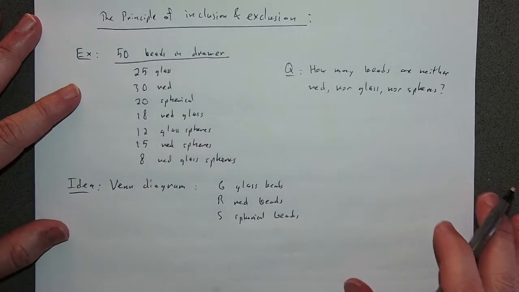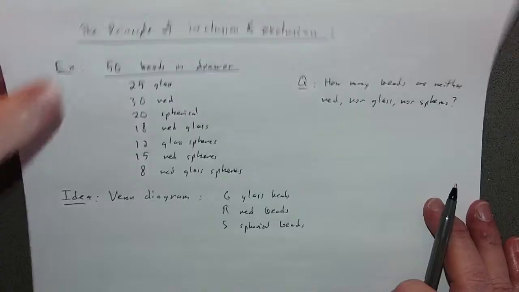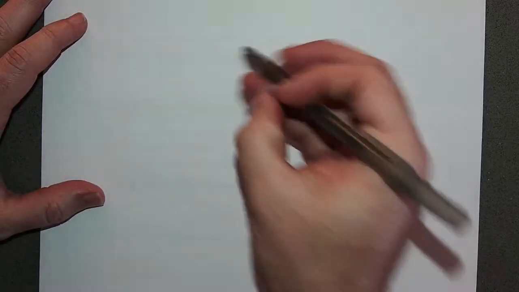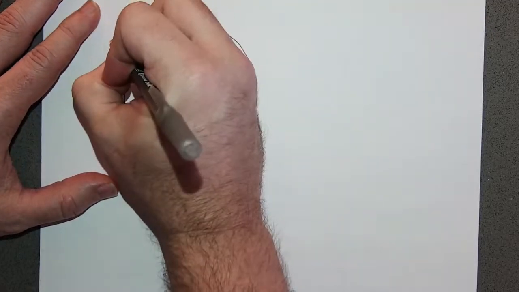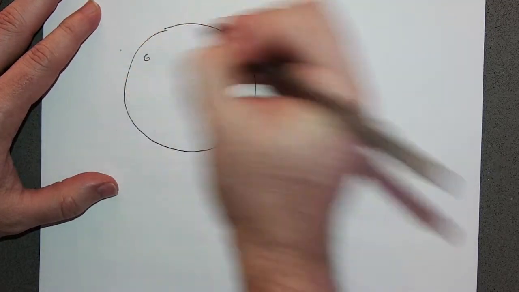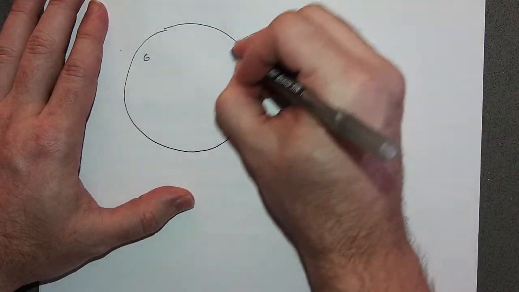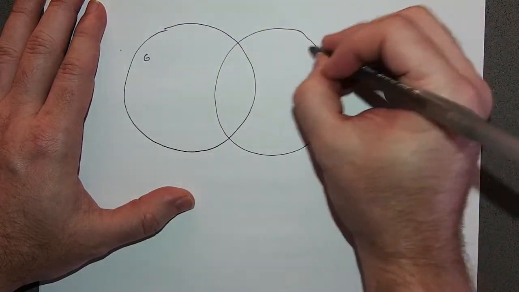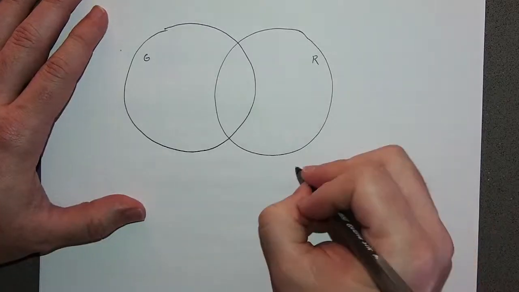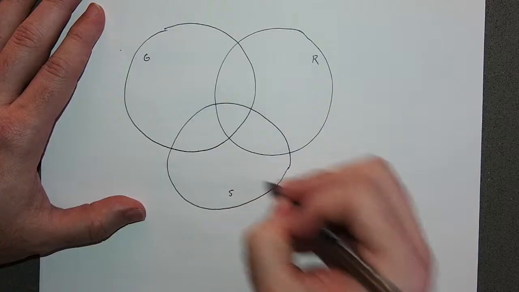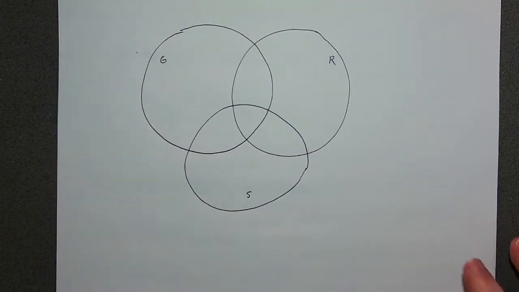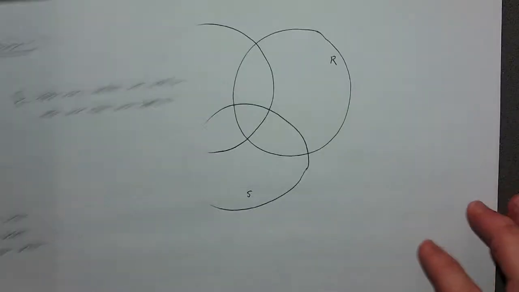If I draw a Venn diagram, maybe I'll give myself more room so that it's more visible what's going on. So let's draw these regions. Here's G, and this is R, then this is S. Let's use my info to fill these in.